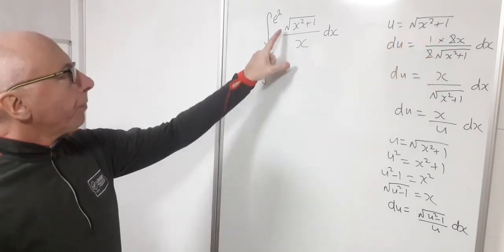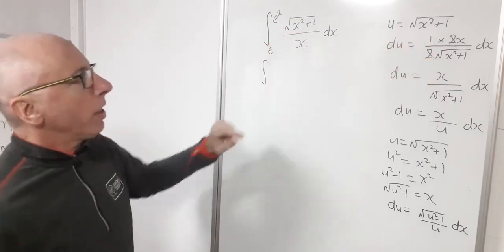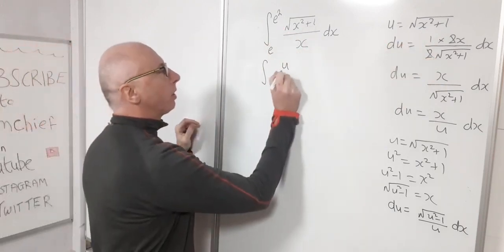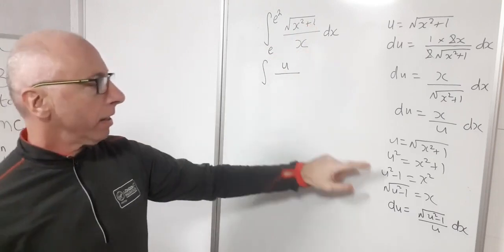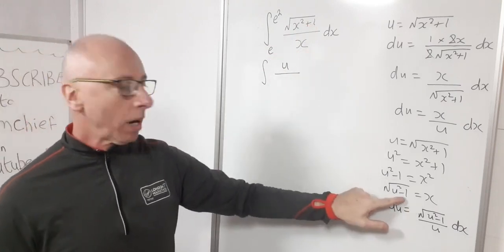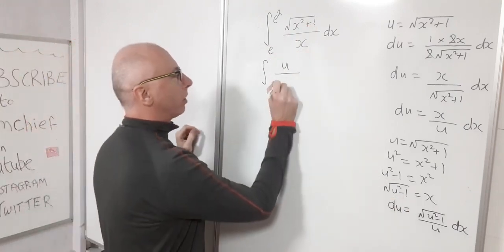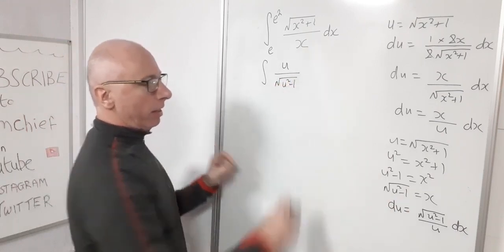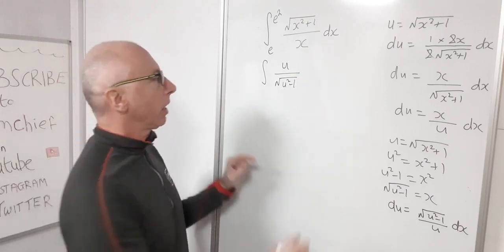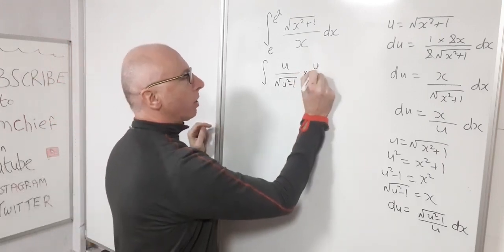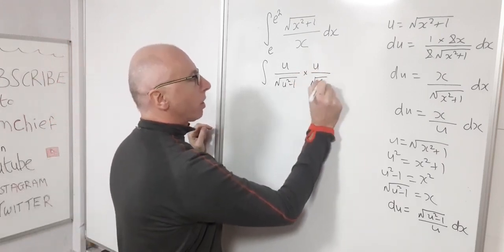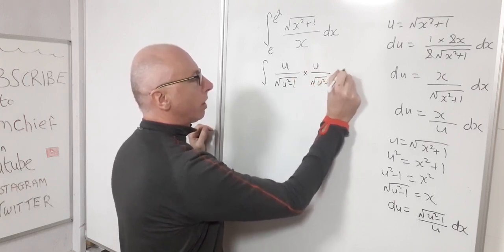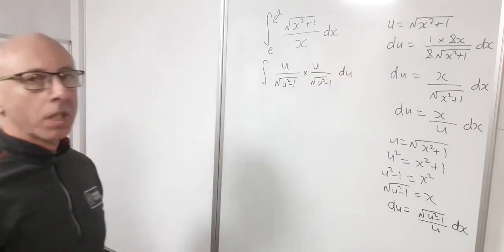Okay, so the square root of x squared plus 1, that'll give me u. And then my x is the square root of u squared minus 1. And then my dx is just the reciprocal of this term here, so I multiply that by u over the square root of u squared minus 1 du.